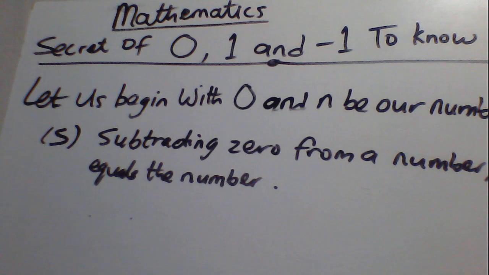So this is the fifth thing you have to know. Subtracting 0 from a number equals what? Equals the number. So let's look at it.